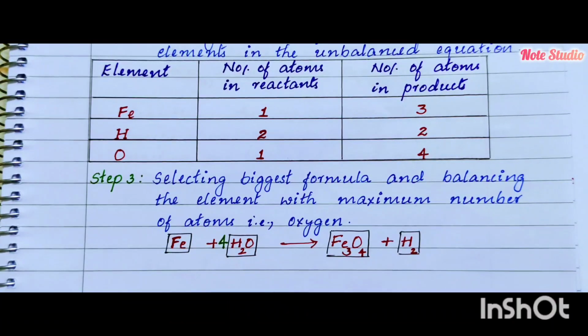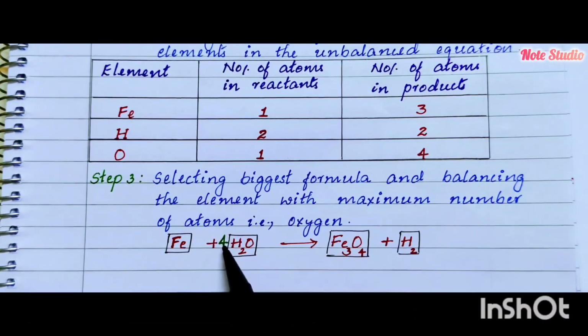What we are doing here: it is already mentioned, we have to write the number 4 on this side, not here. When we write 4 here, that shows this 4 is for hydrogen as well as for oxygen.